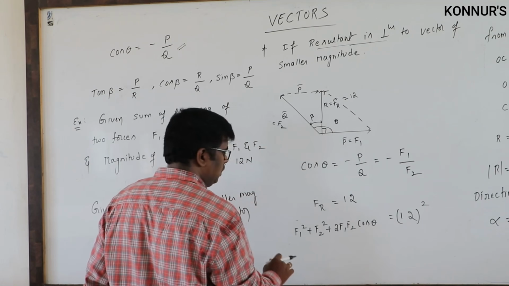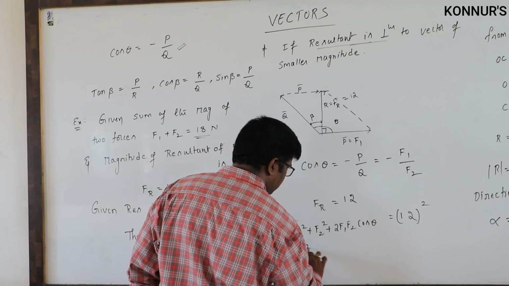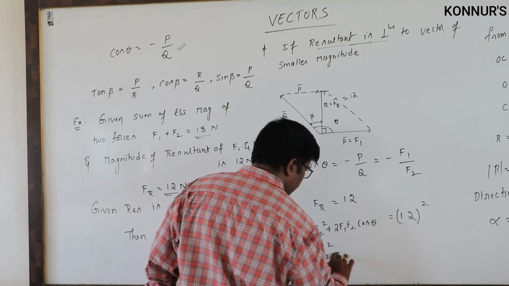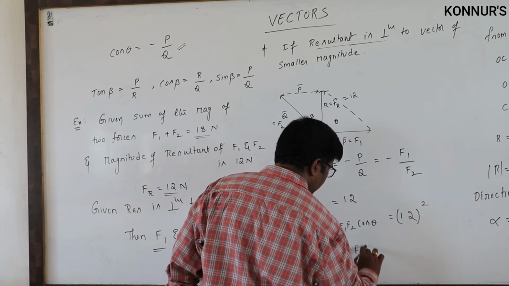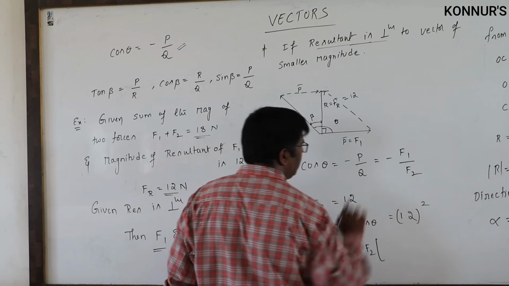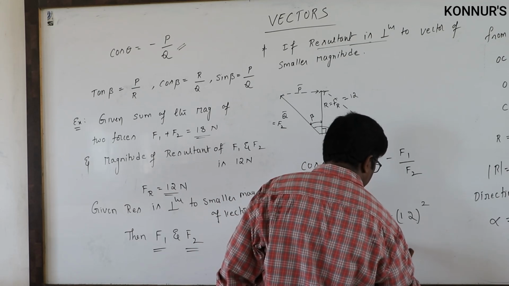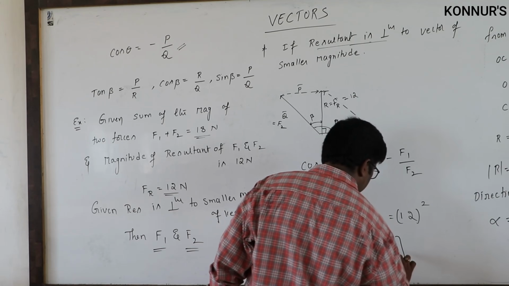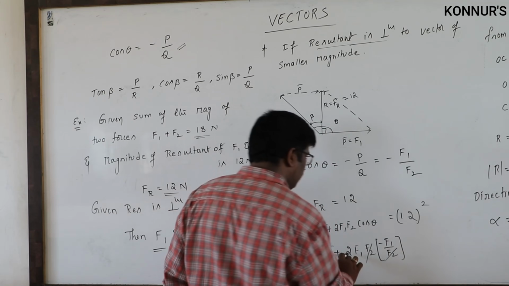If you substitute, you get F1 square plus F2 square plus 2 F1 F2 times minus F1 by F2. What expression do we get?